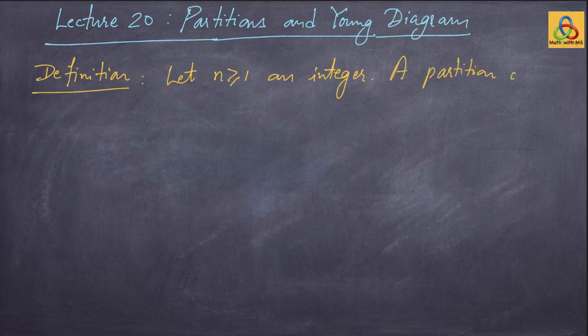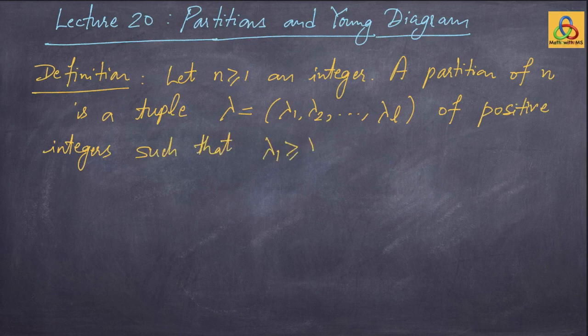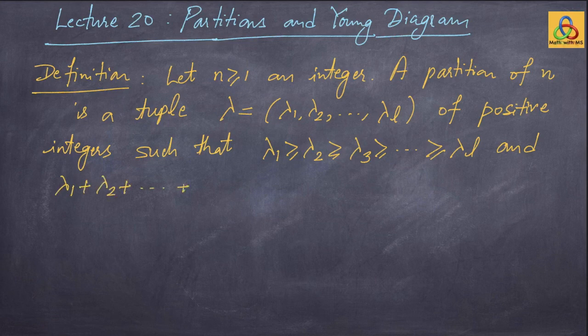A partition of n is a tuple, let us denote it by lambda, and the tuple is lambda 1, lambda 2, and so on, lambda L of positive integers such that lambda 1 is bigger than or equal to lambda 2, bigger than or equal to lambda 3, and so on, bigger than or equal to the last lambda L, and the sum of all these lambda i's is n, that is, lambda 1 plus lambda 2 plus so on plus lambda L is n.